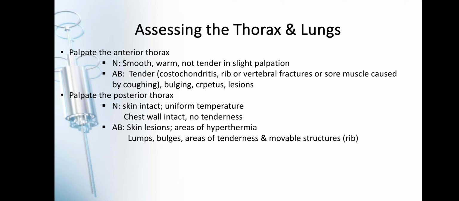So that is abnormal. May lumps, bulges, areas of tenderness, and movable structures such as yung ribs ninyo. So you need to check. Remember that we have the true ribs, meaning pag true ribs po, it is attached to the sternum. We have also false ribs, na yan yung nakahang lang, na hindi po siya attached sa ating sternum.